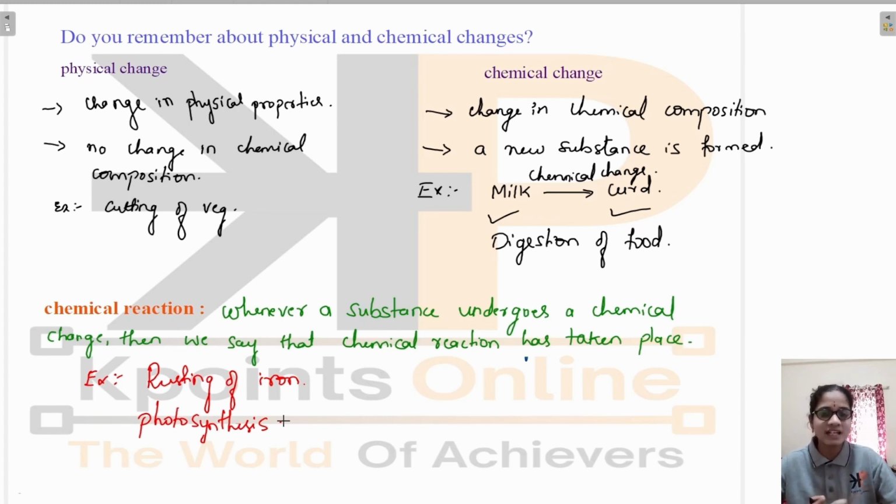For example, if they ask you about burning of a candle, a combustion reaction takes place, that is a chemical change. But if they ask for melting of wax, then it is not a chemical change, it is only changing its state. It is only a physical change. So please keep in mind, in a chemical change a new substance is formed.